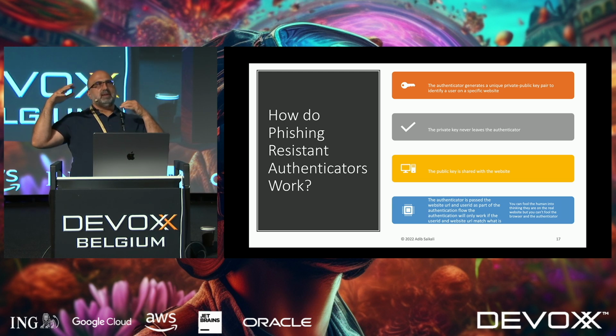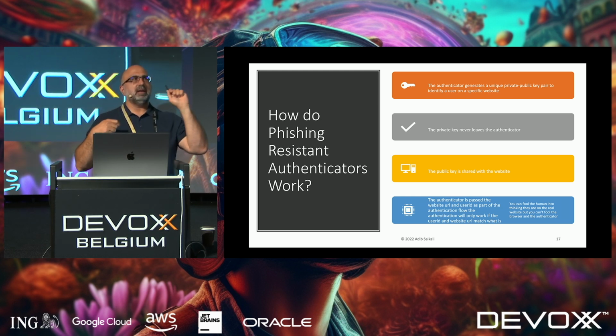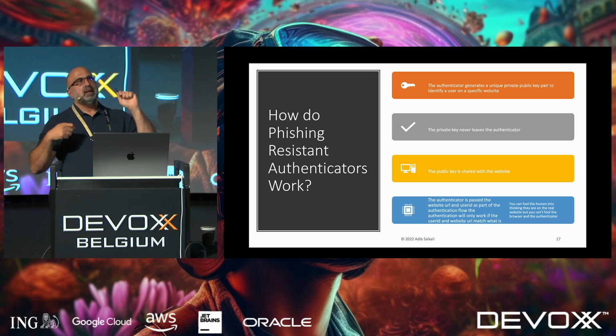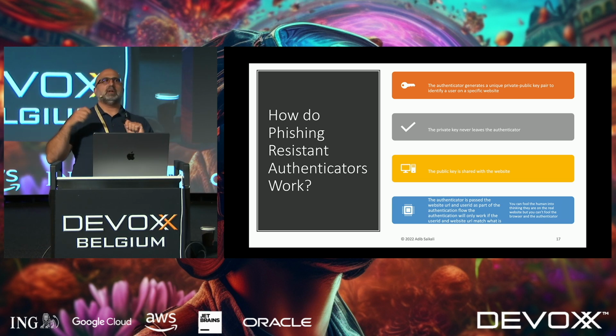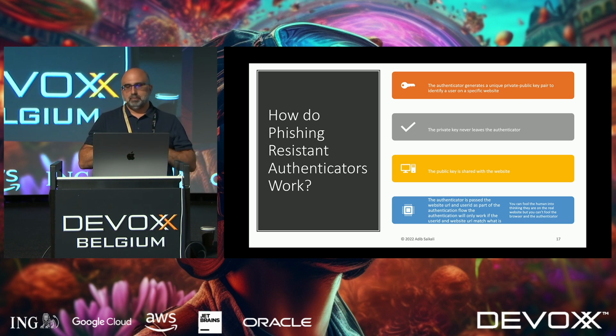If it finds a private key in its list of private keys that never leave the authenticator, it says, great, I know I'm talking to the real site. Does that make sense? There's an actual check happening on the authenticator to make sure you're on the right place. You're not trusting the human, you're trusting the browser itself. You can't really fool the browser. You can mistype it, you can look for Unicode characters that visually look like the target site, but it will know, because it's the browser, right?